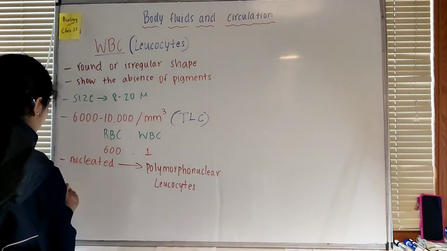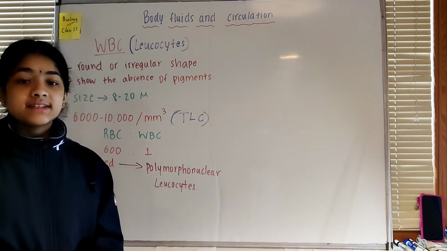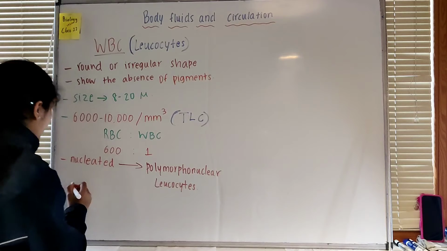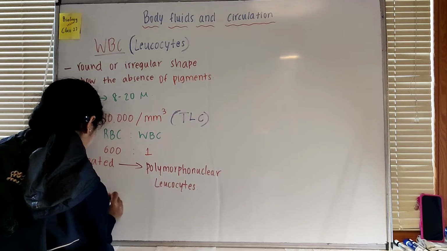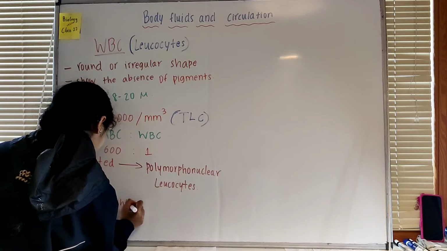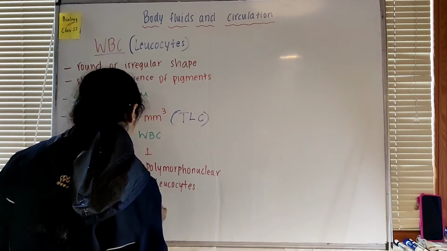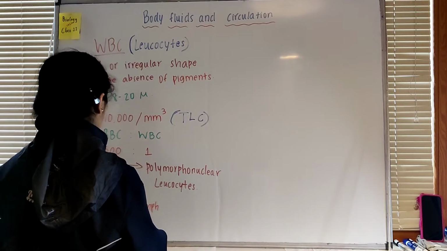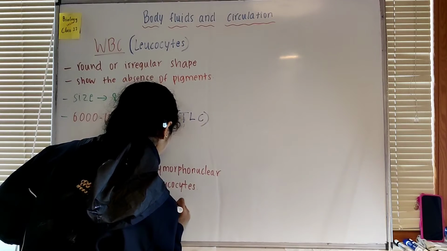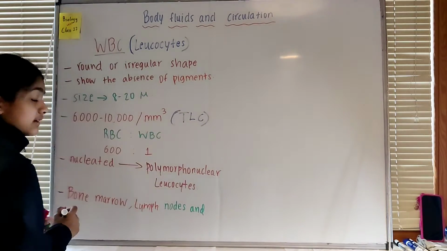Now, the site of production of these WBCs is bone marrow, lymph nodes, and spleen.